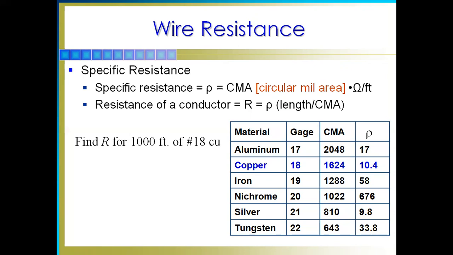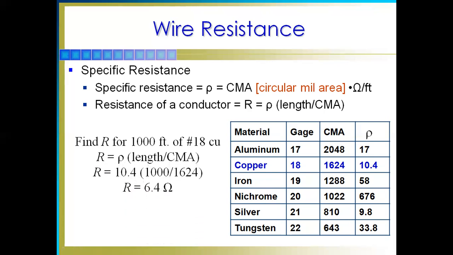We have to find R for 1000 feet of wire. For iron, 19 gauge, CMA is 1288, and its rho, the specific resistance, is 58. Like this, different materials exhibit different specific resistances.